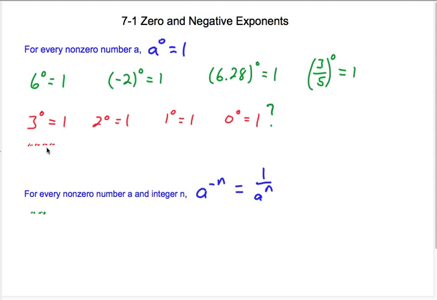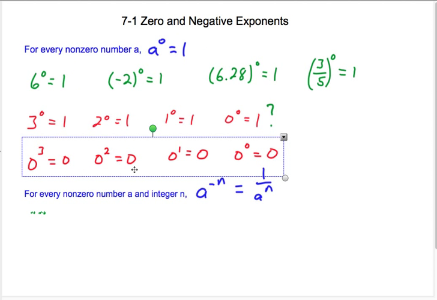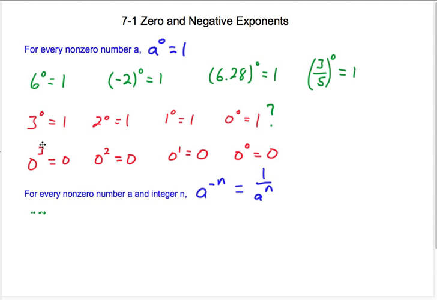Now let's take a look at another set of examples here. We also know that 0 to the third equals 0 because 0 times 0 times 0 equals 0. And 0 squared equals 0. And 0 to the first equals 0, which would mean that 0 to the 0 equals 0.